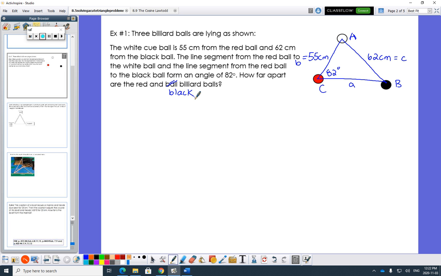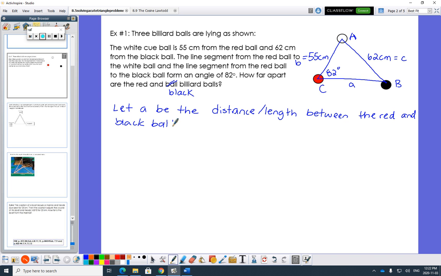So that is letter A. And again, your let statement can be different.